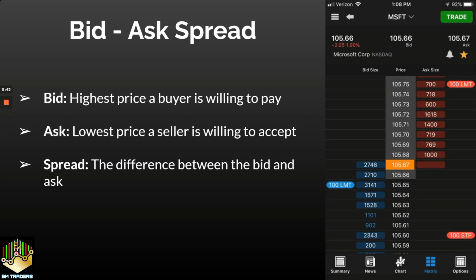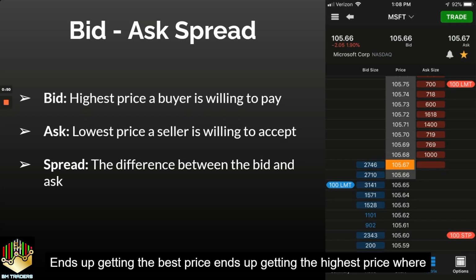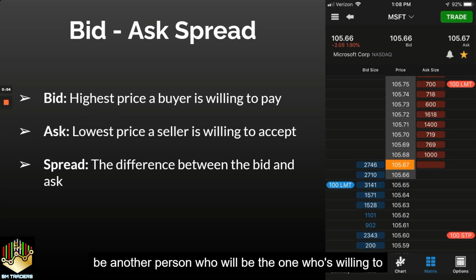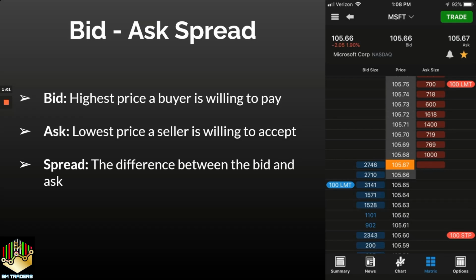The person who bids the highest ends up getting the best price, the highest price where someone is willing to buy. And then there will be another person who is willing to sell at the lowest price compared to all others.